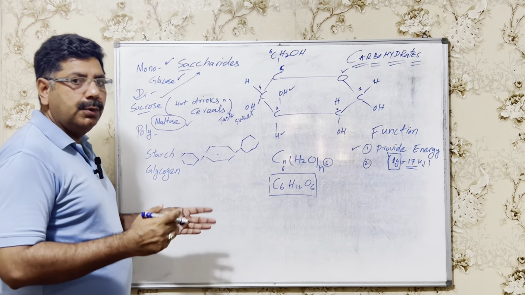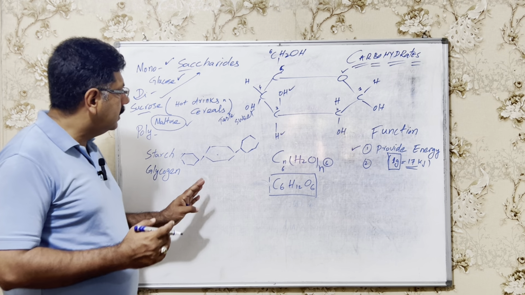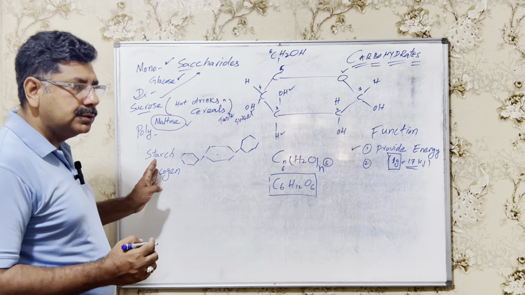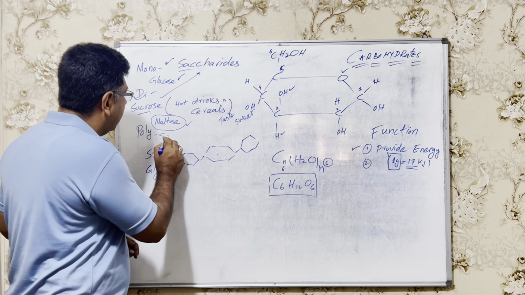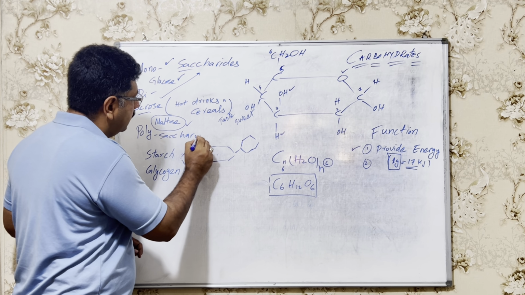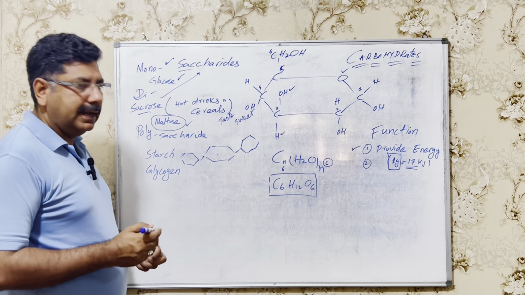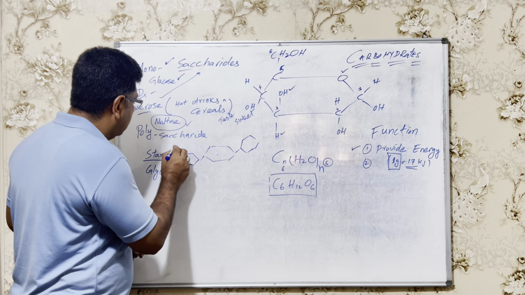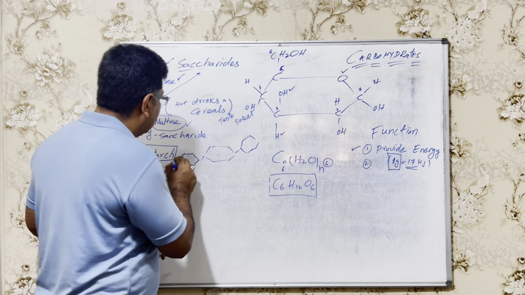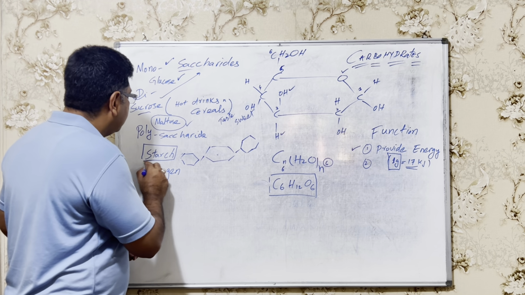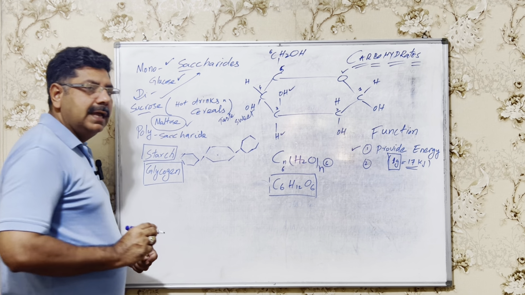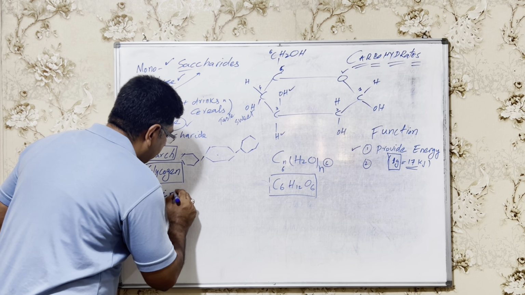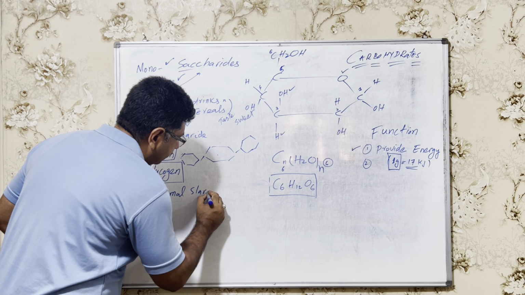Now they are poly. Poly means many. Many glucose molecules combine together and give rise to a polysaccharide. If this polysaccharide is stored food in plants, it is called starch. But if this stored food is in animals, it is called glycogen, animal starch.